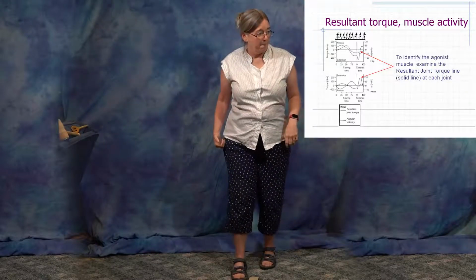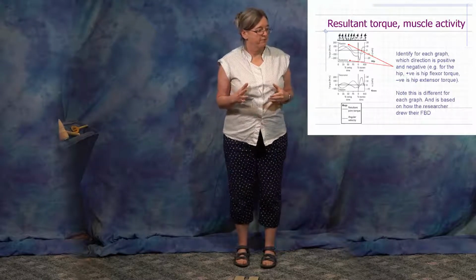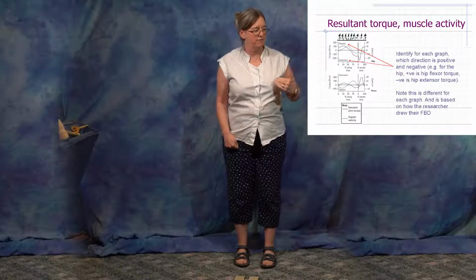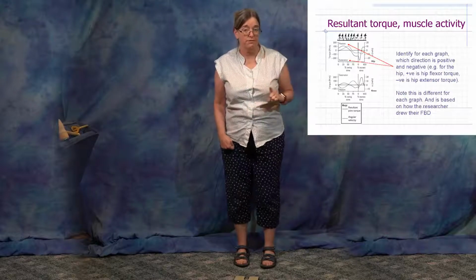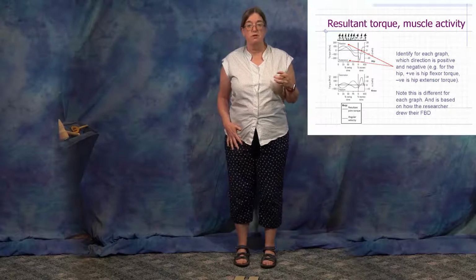Now, you need to look very carefully in each graph as to what is positive and what is negative. It shows on both graphs, and it's different for both graphs. So in the hip graph, it's the flexors that are positive.